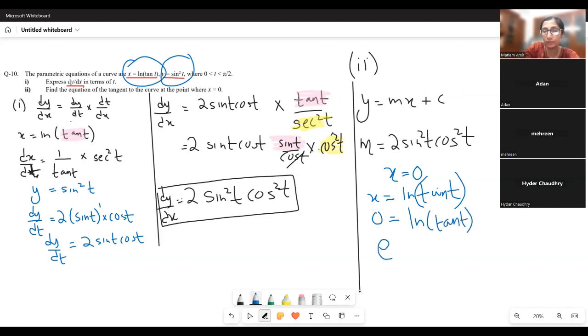Ln goes to the other side, e power 0 equals tan t. So 1 equals tan t.